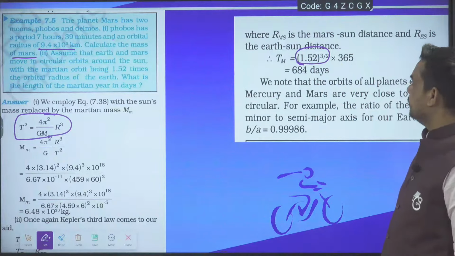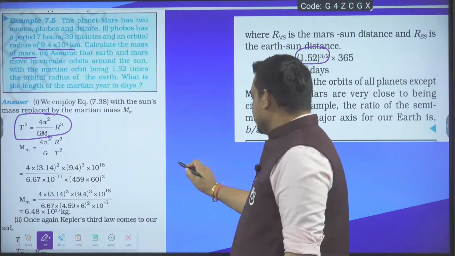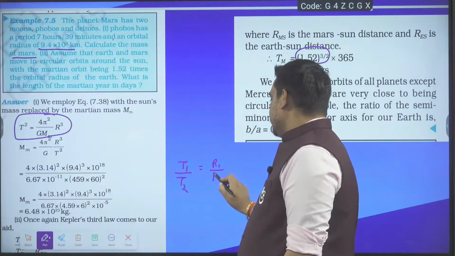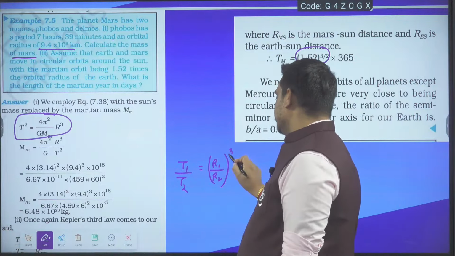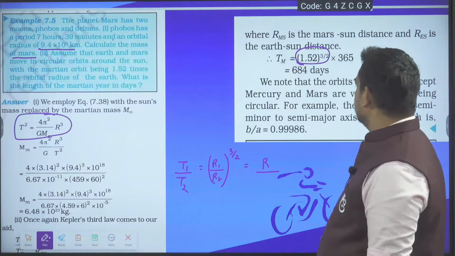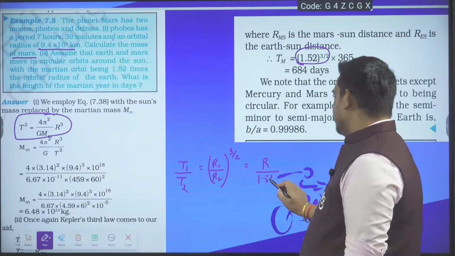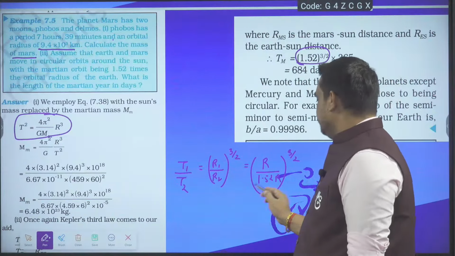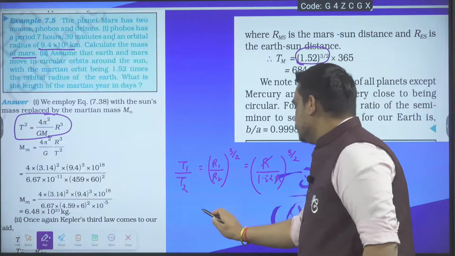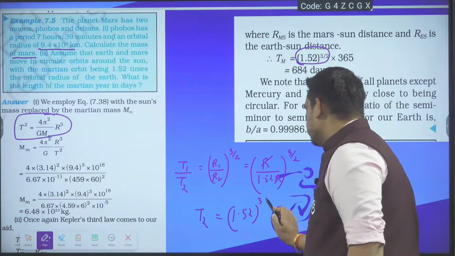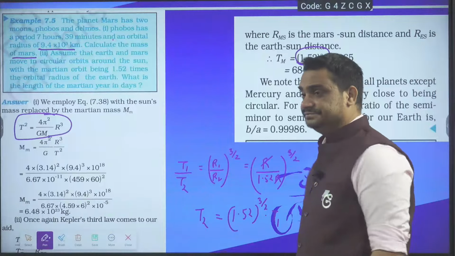So we can write T1 by T2 equal to R1 by R2 power 3 by 2. This one we can say R, and this one we can write 1.52 R power 3 by 2. Then we can do this calculation. So T2 becomes 1.52 power 3 by 2 into T1.